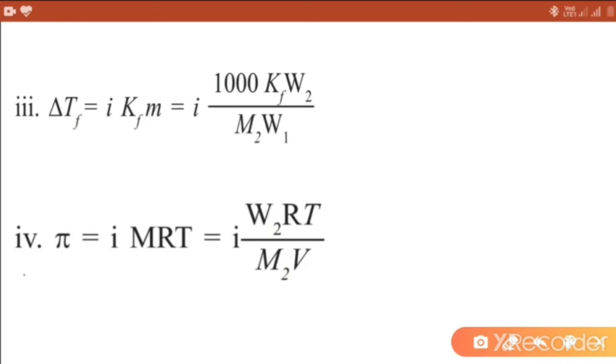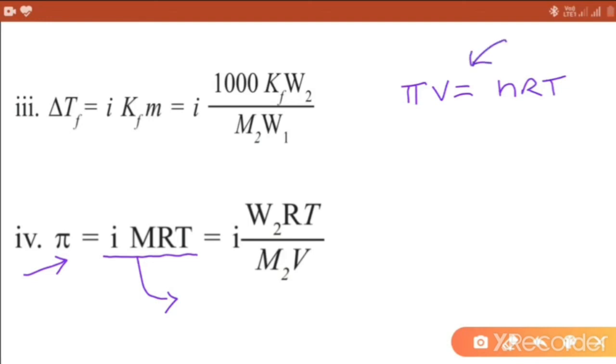Similarly, for osmotic pressure, pi is equal to small i into capital M into capital R into capital T. How is this equation obtained? We know pi V is equal to nRT. This is the equation obtained from PV is equal to nRT, which is the ideal gas equation.